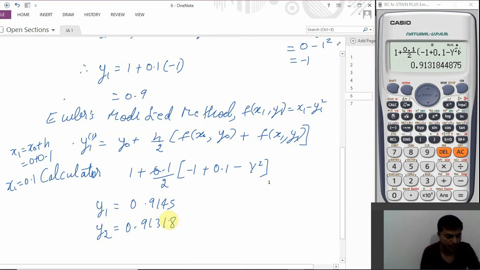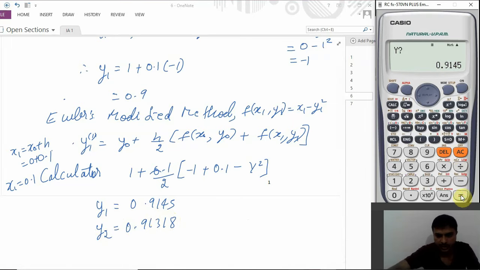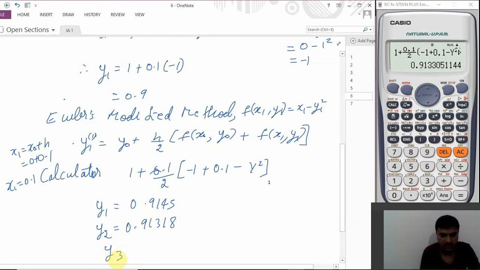Please remember this and this are exactly the same. So what is my answer? Yes friends, within 2 minutes you should get y of 0.1 is equal to 0.9133. Whoever has calculated this answer will get full marks. This is your answer.